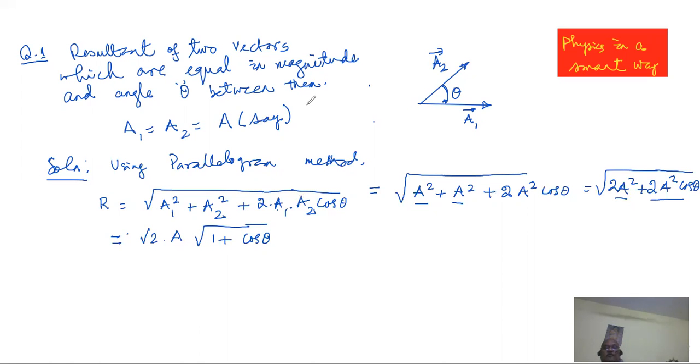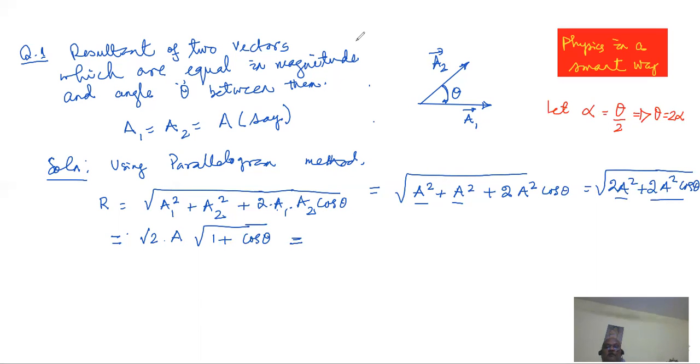If you want to simplify this further, you have to go for trigonometric tricks. Let us say I consider an angle alpha, which is half of theta. So obviously theta equals 2 alpha.